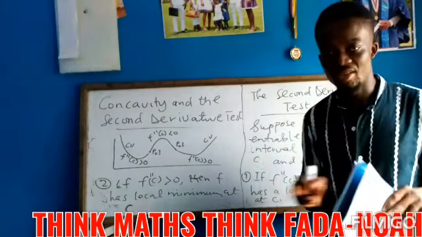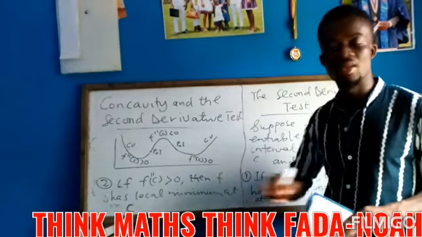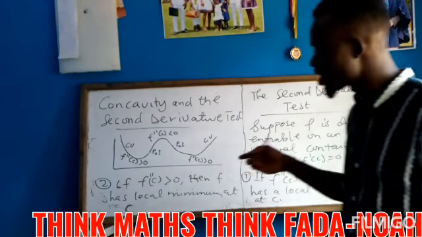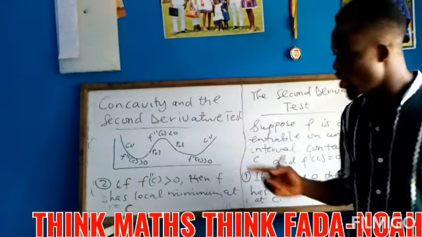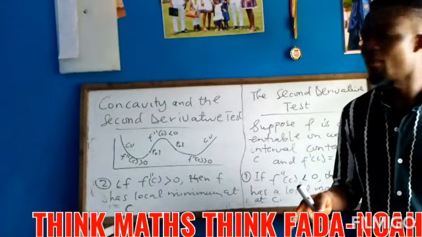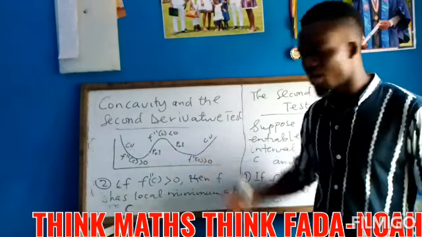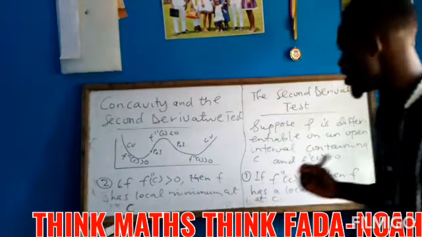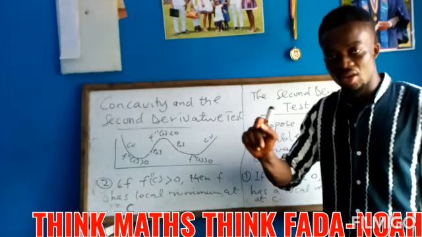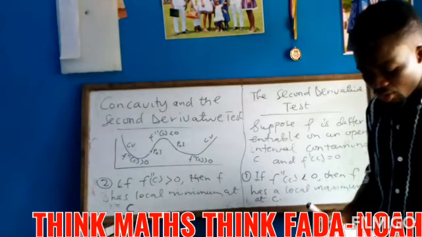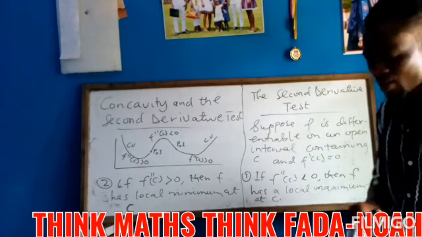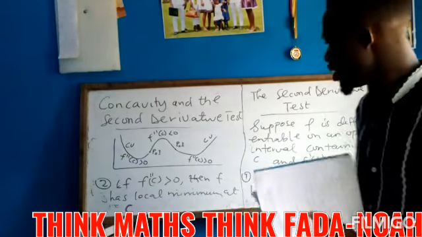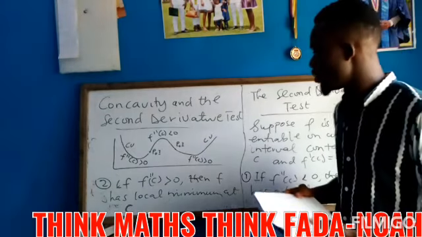If the sign is greater than 0, or positive, then the function will have a minimum value at that critical value. And if the sign is negative, then the graph will have a maximum value at that critical value. Alright, so this is basically the second derivative test.